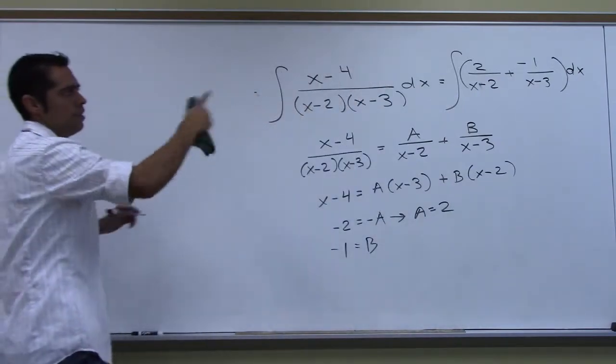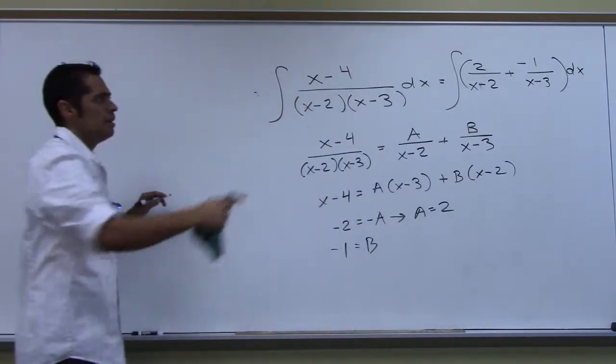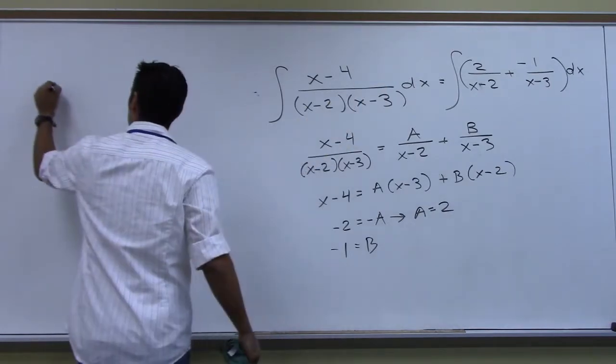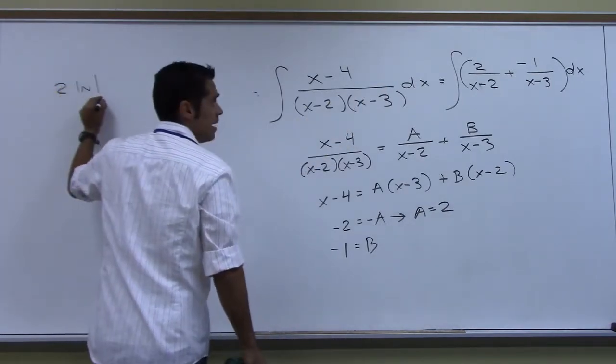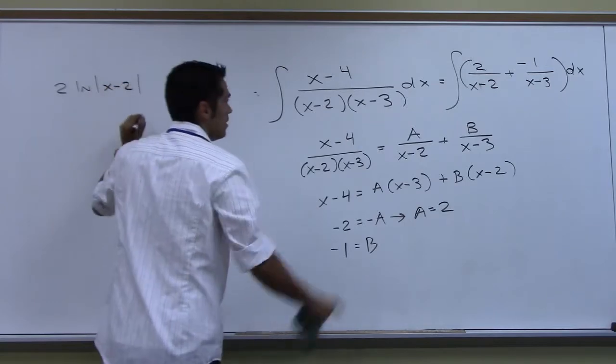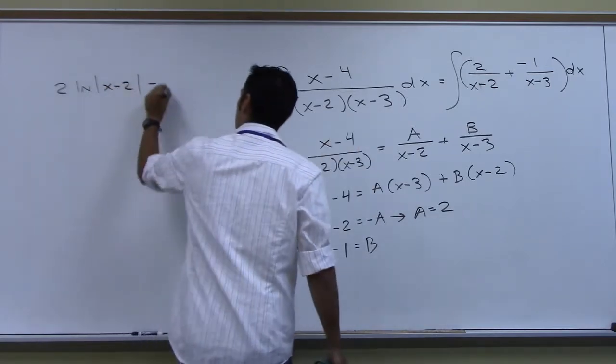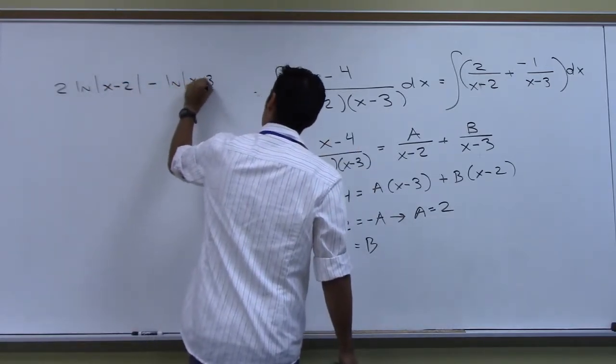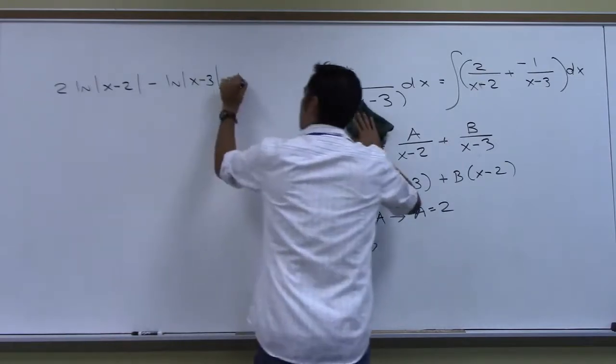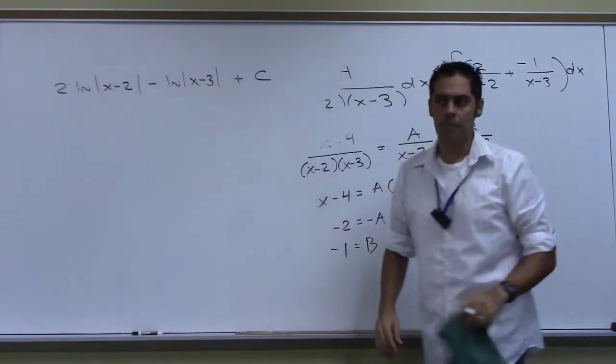Those you can do one by one, right? The first one, you pull the 2 out, and it's natural log of x minus 2. And the other one, you pull the negative 1 out, and you get natural log of x minus 3 plus C. That's it. Question? Yes?